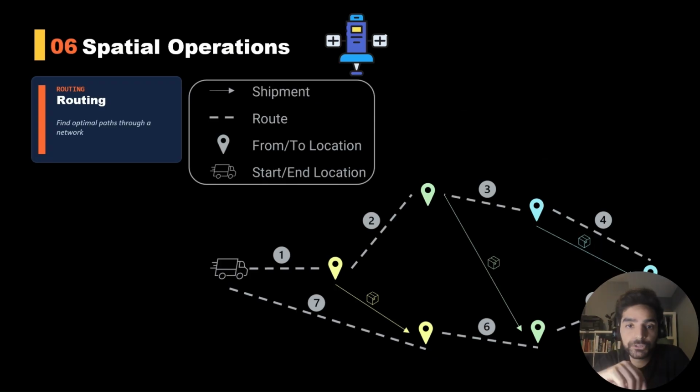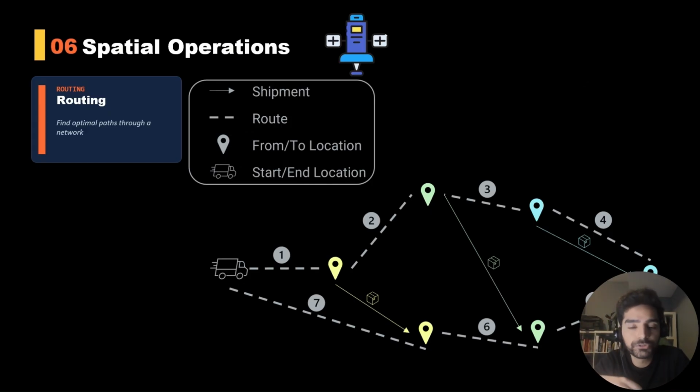The next operation is routing. Routing is about finding paths through a network, and the simplest version is shortest path. What is the shortest path or route between point A and point B? But in real applications, routing can consider many factors such as travel time, traffic, road restrictions, turn penalties, vehicle type, slope, safety, cost, and so on.